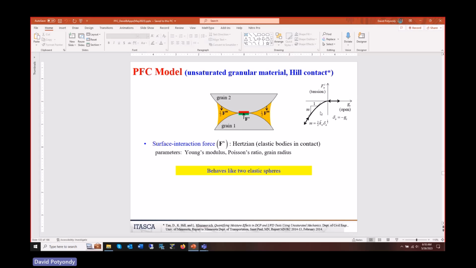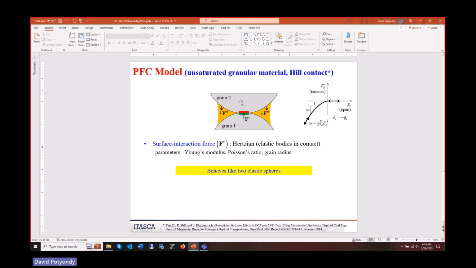And so this is the result of theory of elasticity with two enormous spherical bodies, each of which has a Young's modulus and Poisson ratio, and each of which has a radius of curvature. If the body's a giant sphere, the radius of curvature is the radius. Think of this as a very small area over which they are pushing against each other.